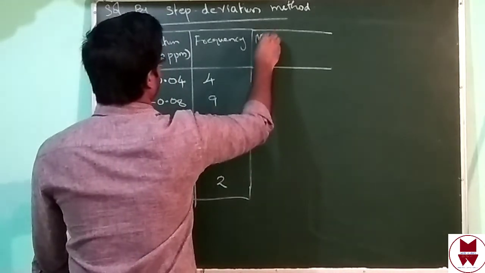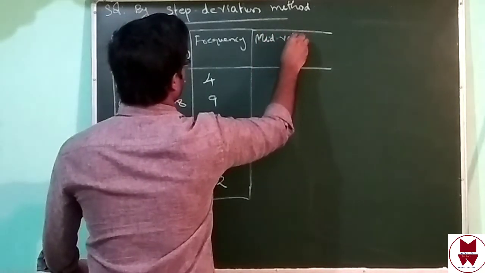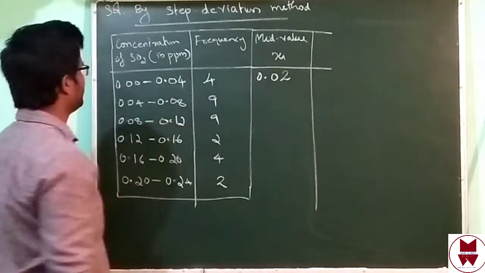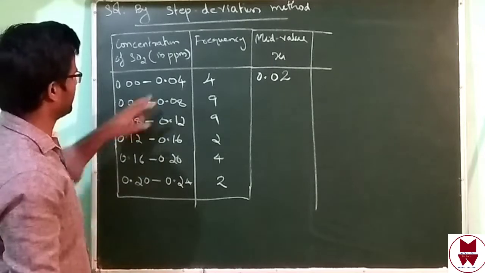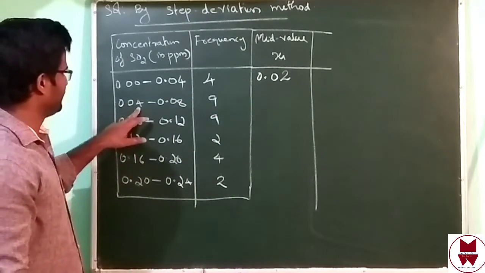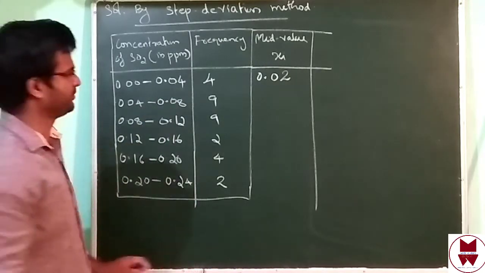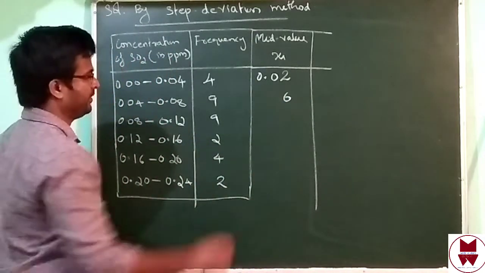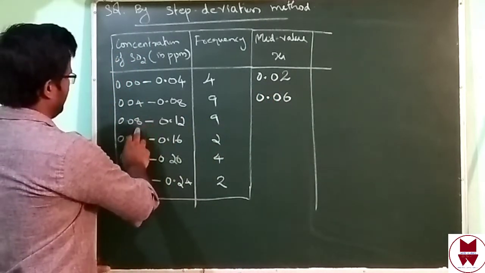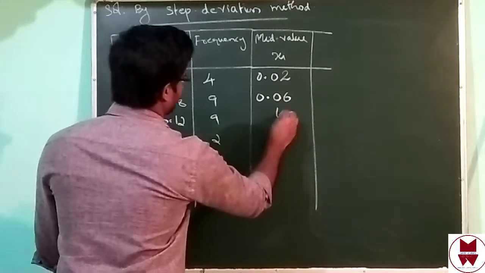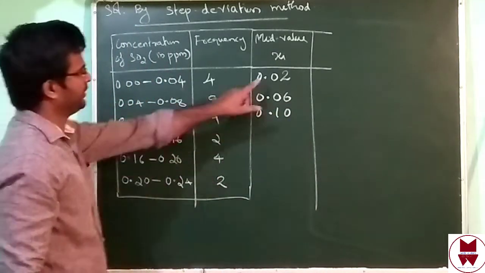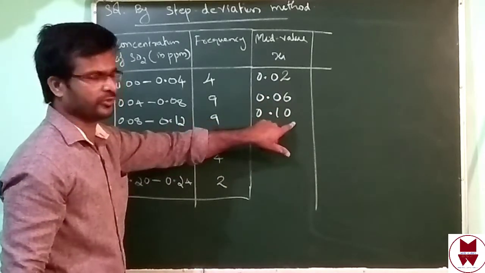Then the mid value xi. In between 0.00 and 0.04 is 0.02. Then next, take 4 and 8. In between 4 and 8, 6, isn't it? Then add 0.0. Then 8 and 12, that will be 10, so 0.10. After the point, we always need two numbers.